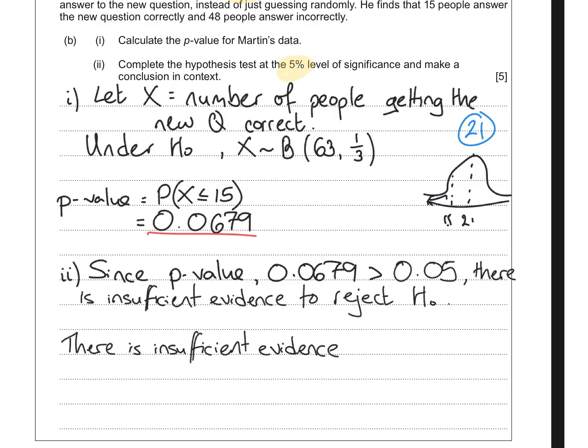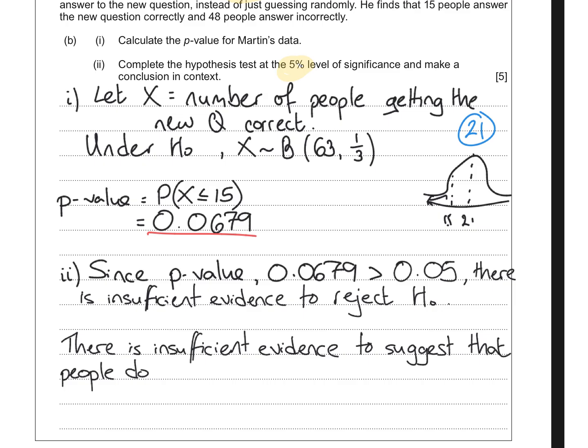Insufficient evidence, and you can include at the 5% significance level, but I'm not going to suggest people do better. No, in fact, I'm going to phrase it the other way around.